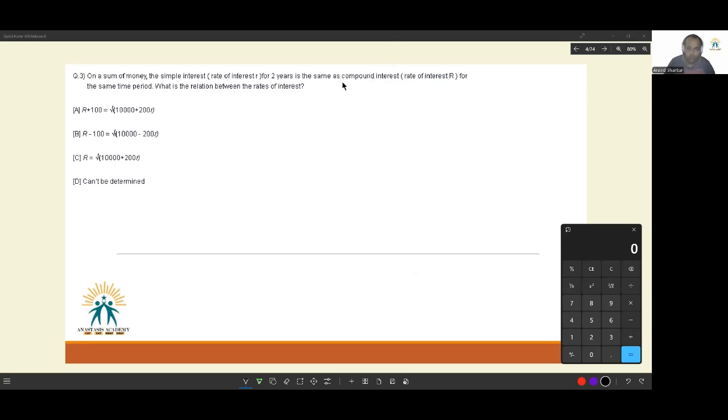So I'm taking the compound interest rate, this capital R, as 10. So if my principal was, let's say, 100, my compound rate of interest was 10. So in 2 years, the amount will be 1.21 into 100, which is 121, under CI.